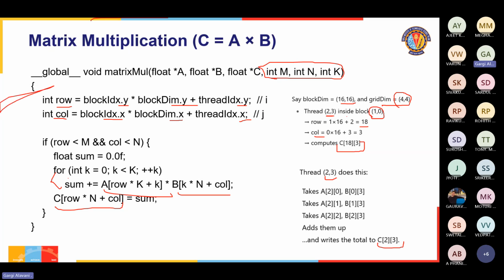Sorry, I think I was not clear. The block is 1, 0. This thread 2, 3 is in block 0, 0. Okay, then it matches. Maybe I should mention it here.